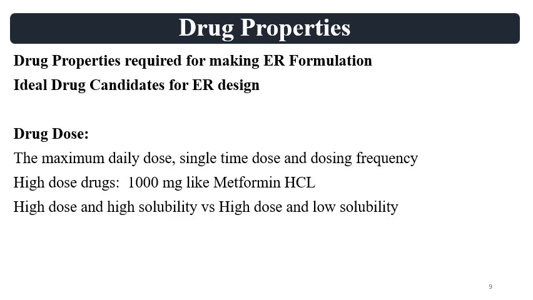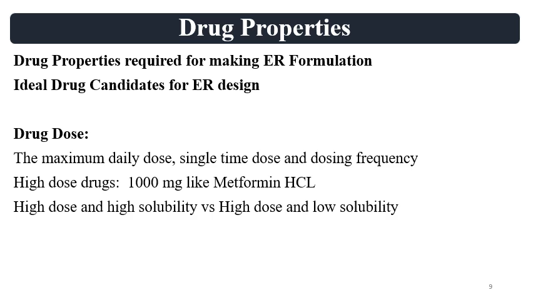If the dose is high and solubility is low, it will be difficult to control the release through the polymeric system, and the drug itself will have low solubility, and that's why it will lead to slower release. If the insoluble API is formulated into an extended release type of formulation, then it will be very difficult to have the release profile similar from batch to batch and from lot to lot.